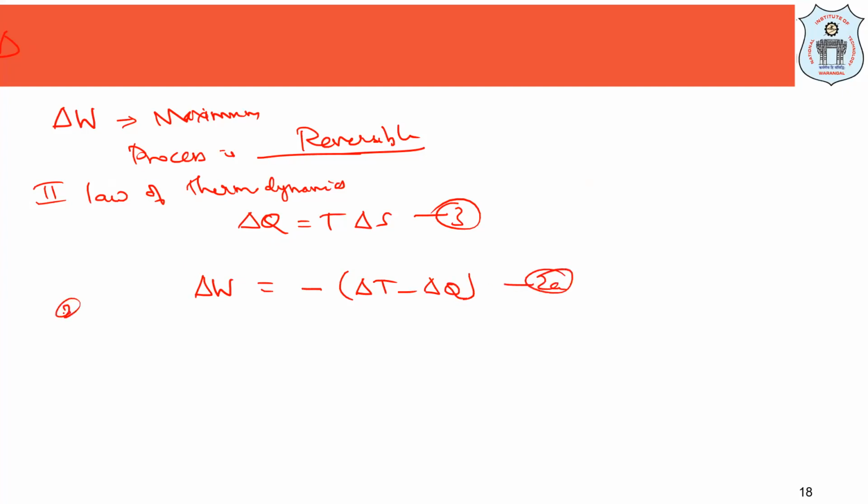So substituting equation 3 in 2a, what we will get is del W equal to minus of delta H minus T delta S. Okay, so equation number 4.